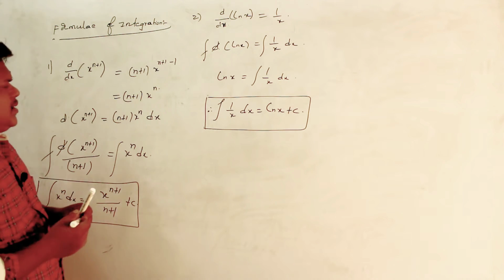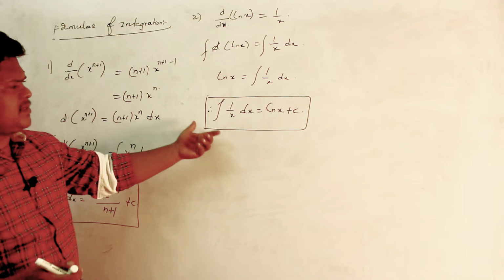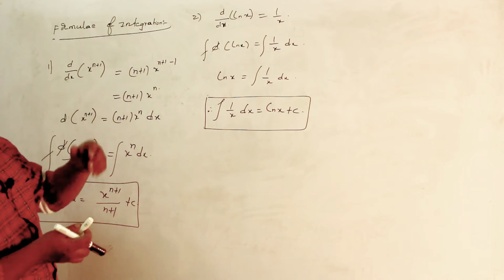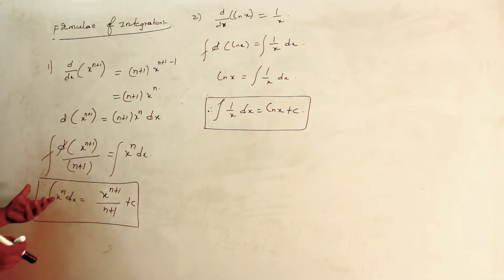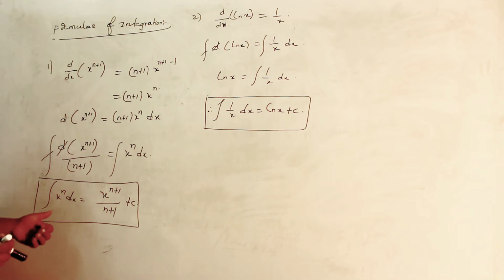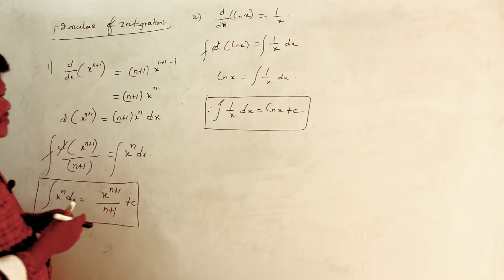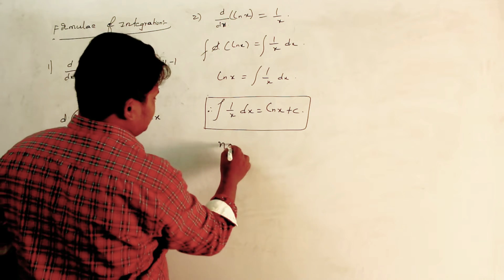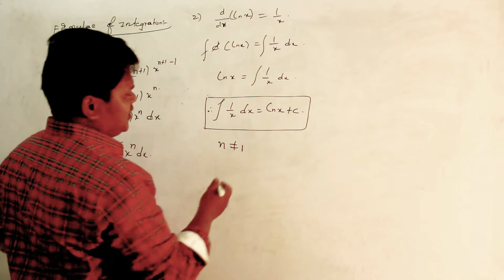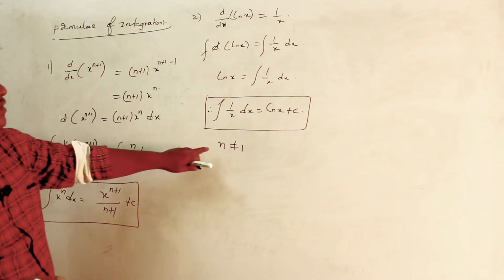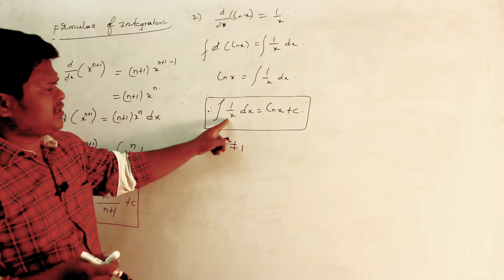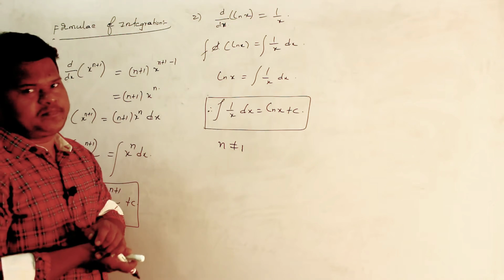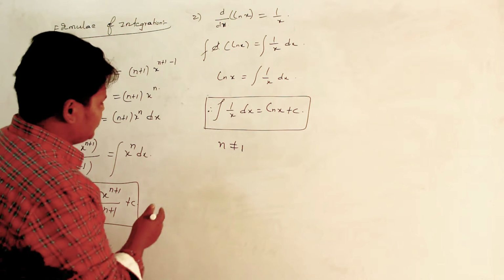In this condition and this condition there is a small exception here. Integration of x power n dx can be applied for any power n except when n is equal to minus 1. N cannot be equal to minus 1 because of this condition. Here integration of 1 by x can be written as integration of x power minus 1 dx. So then what should be our answer?